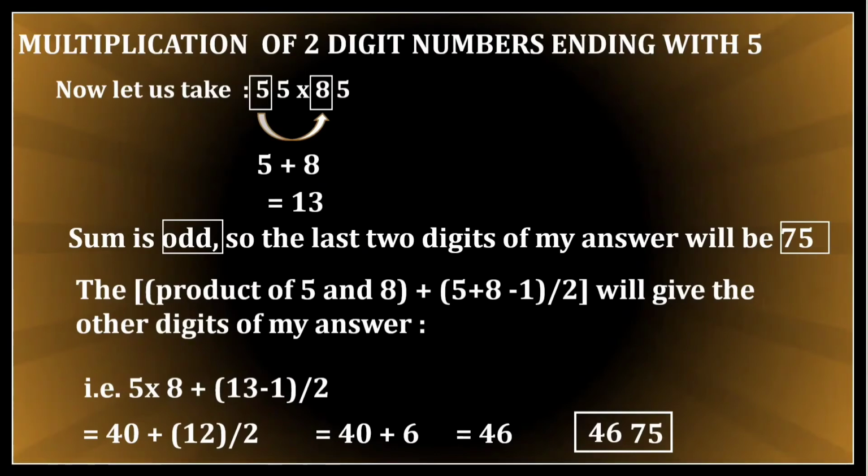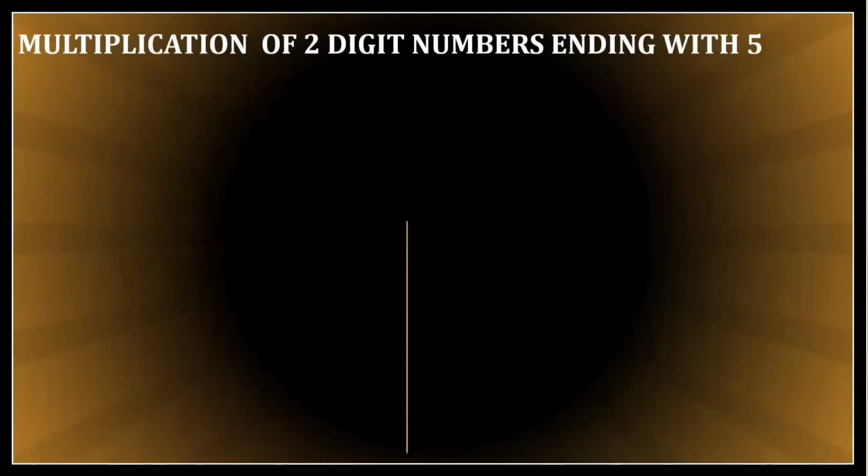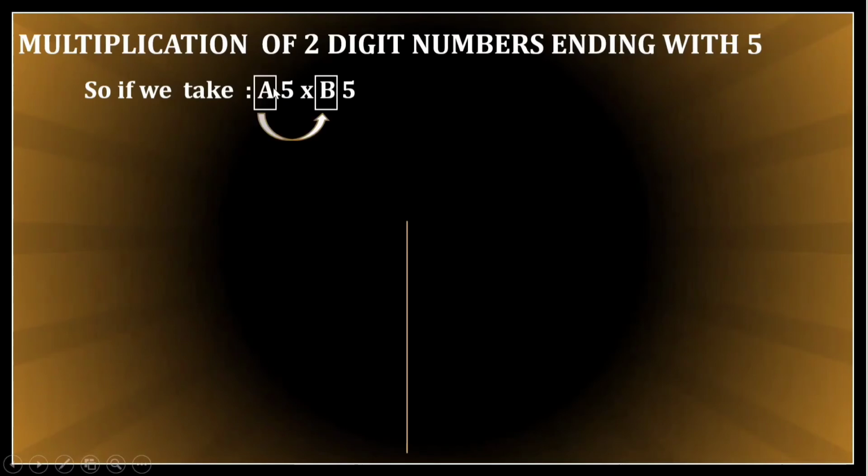Wasn't it simple? Let's sum up the whole thing. Remember, if I have a number A5 multiplied by B5, this can be 25 into 35 or 45 into 55 or 55 into 95. Whatever this A and B is, I take the digits A and B and add them. If the sum A plus B comes out to be even or odd, according to that my method changes.